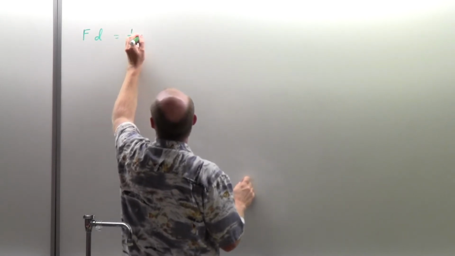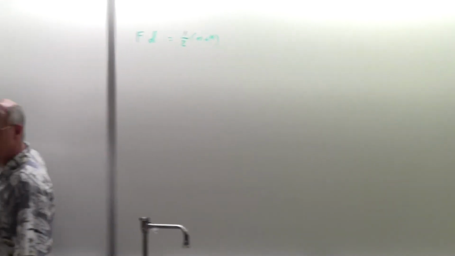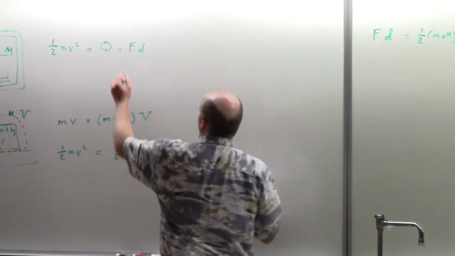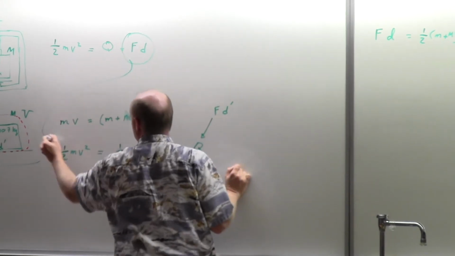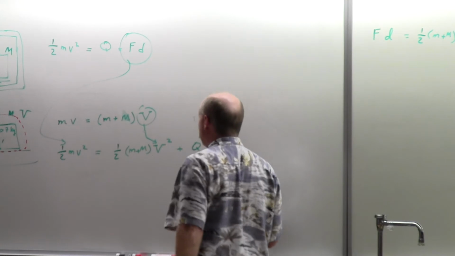Well, this is my 1/2 little m plus big M. And now let me use the momentum step up here. Couldn't I solve this one for capital V and put it into here? So I'm going to put this into here, and I'm going to put this into there.